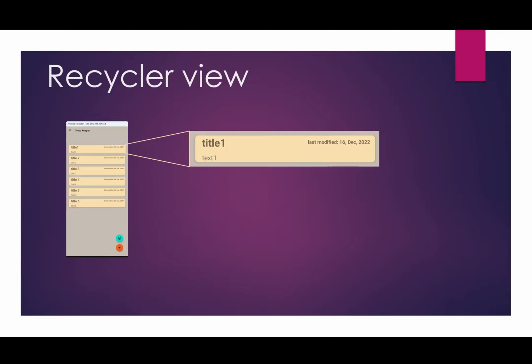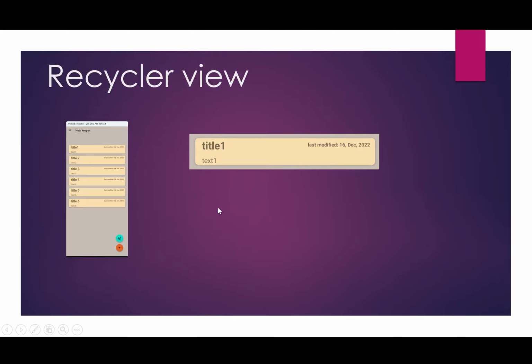Each item, each row of the recycler view has its own layout, and we have to design the layout. For example, here I have 3 text views and a constraint layout and the card view, and the recycler view doesn't hold any data itself.